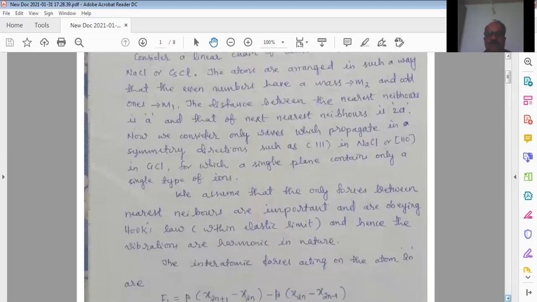So for symmetry considerations, I am considering only the symmetry directions, 111 and 110. That means in this direction, the plane will contain only one kind of atoms. Suppose you are referring to sodium chloride, you will have only either sodium atoms or chlorine atoms. That's the meaning.